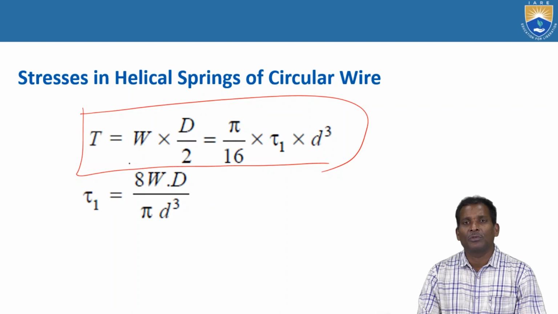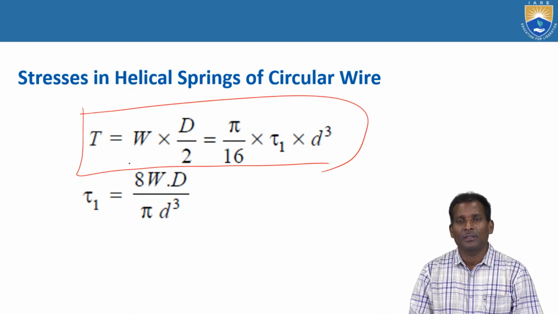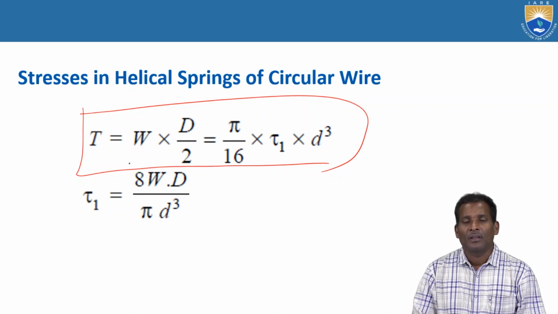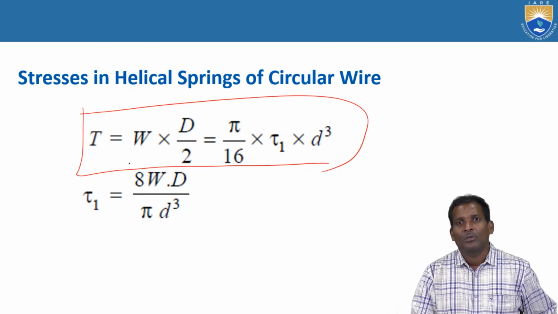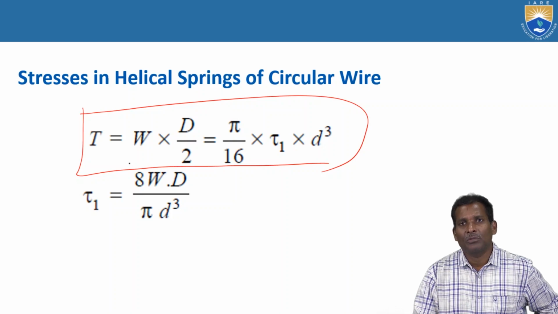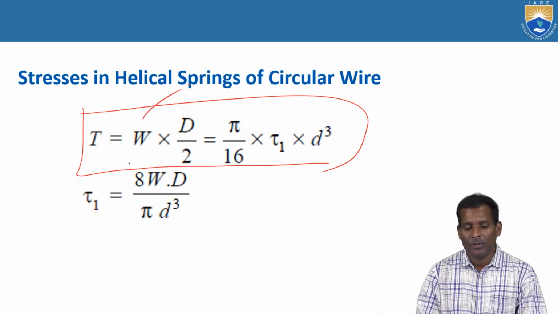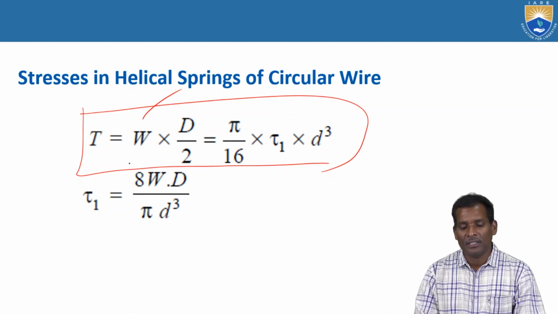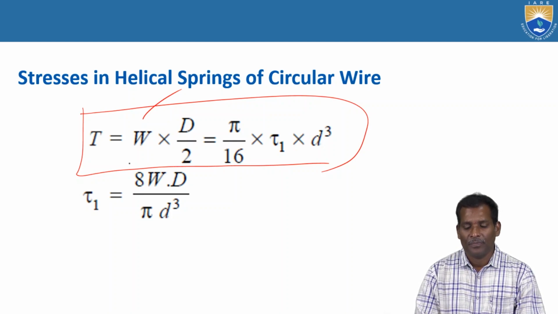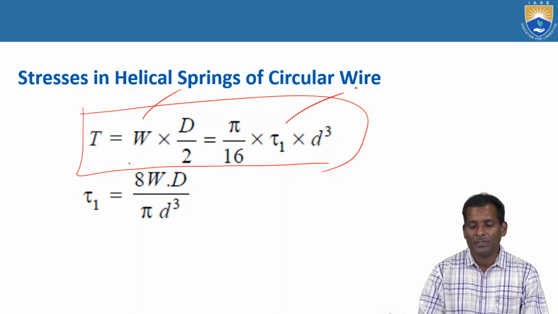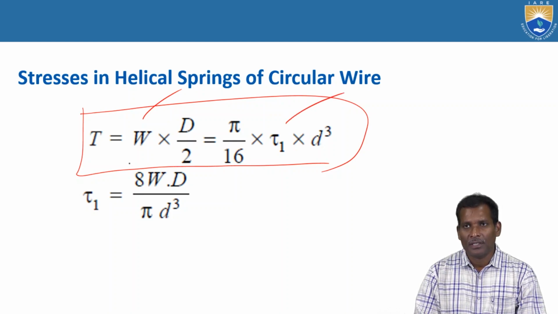So due to this twisting moment, shear stresses are also induced in these springs. So torque, the twisting moment, is equal to load multiplied by the distance, the radius. So already you know, pi by 16 into shear stress multiplied by d cubed. This is the wire diameter.